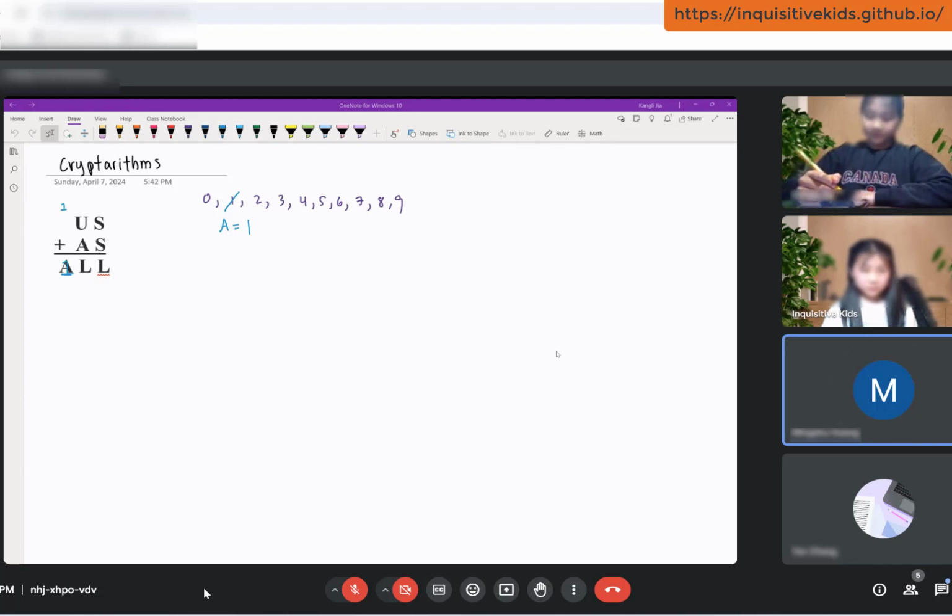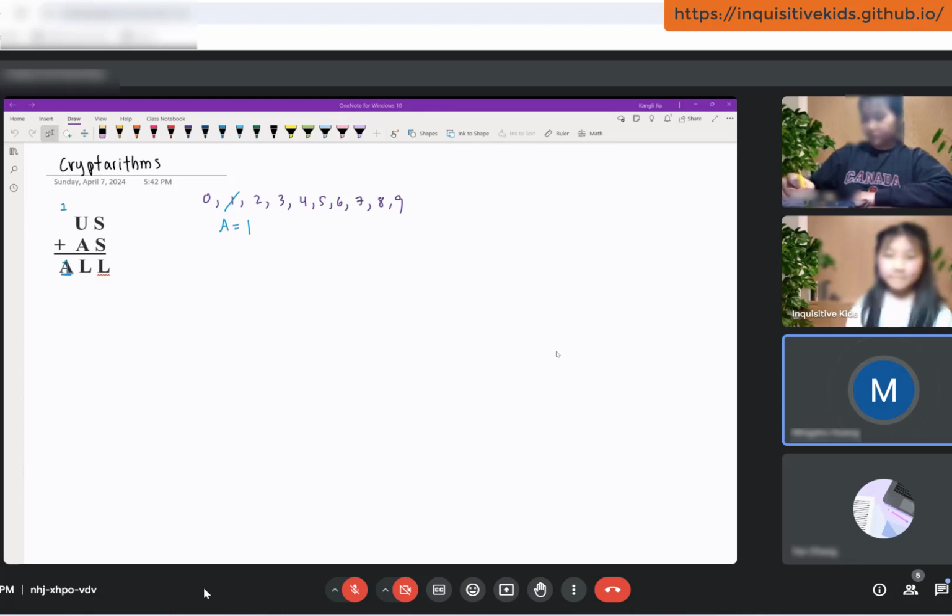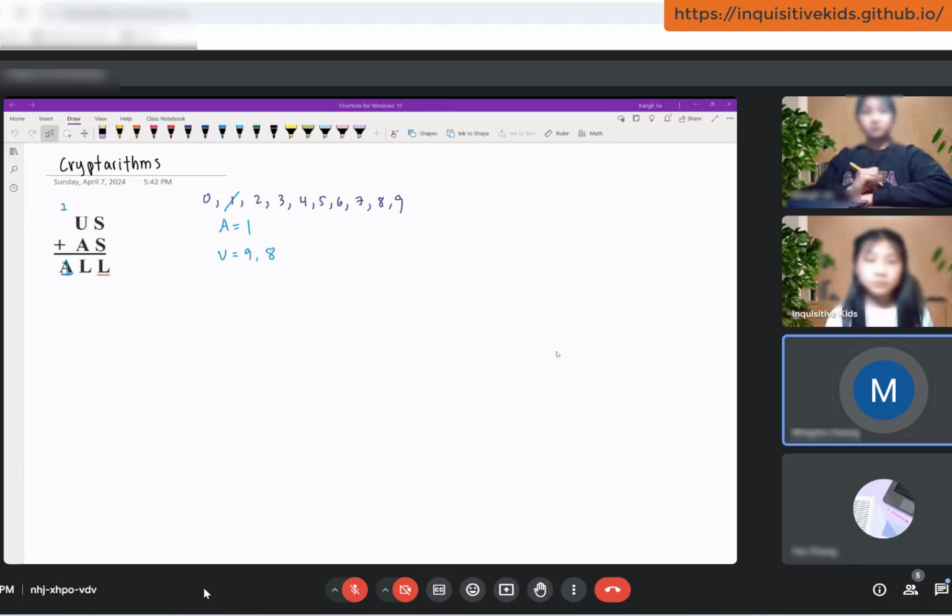So first, it could be that S and S can carry a 1 down. So at first we just said U can be 9 or 8. Since if U is 9 or 8, then they would equal 10 or more, and then you carry.